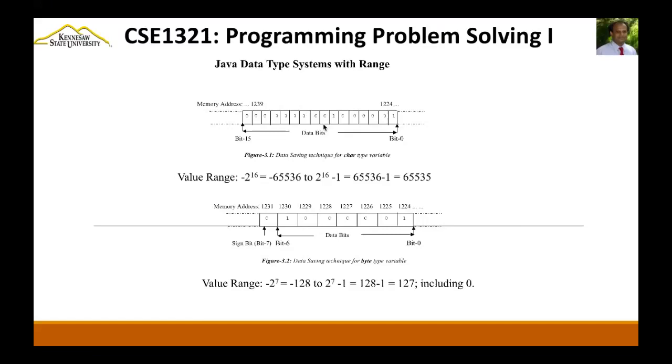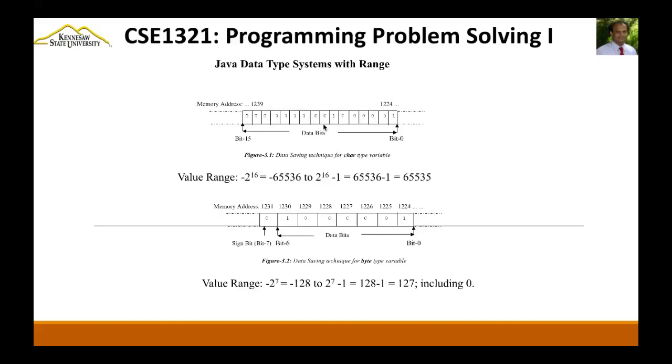So including 0 to 65535, this is the range of a character type variable. When you declare a character type variable, it can take either 0 or at maximum 65535.